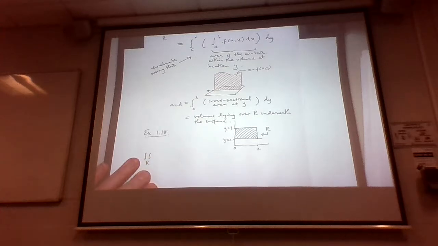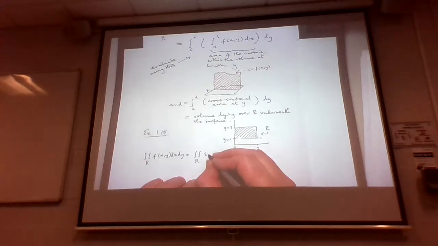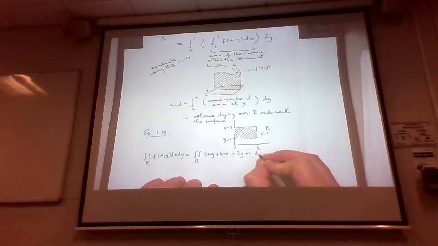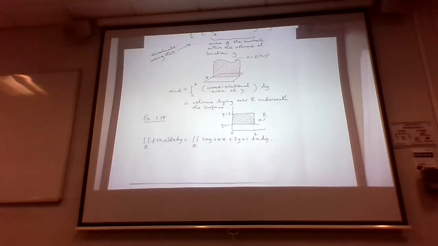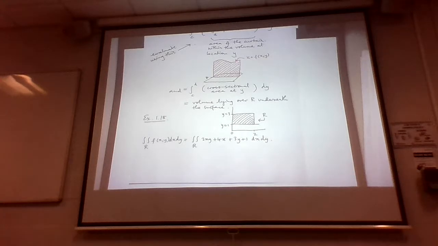So I want to do the double integral over R of f of x, y, dx dy, where the function we're integrating is 2xy plus 4x plus 3y plus 1, integrating over this rectangle here in the xy plane.